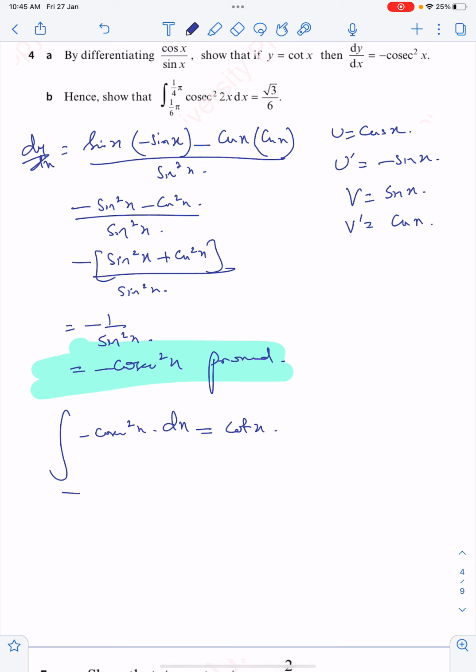Negative cosec square x dx equals to cot x. Negative I can shift to that side, cosec square x dx equals to negative cot x.